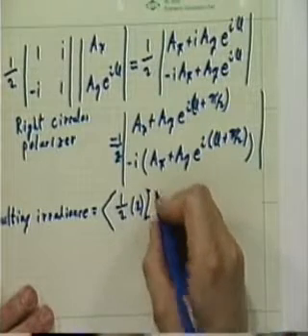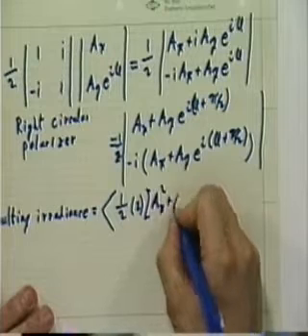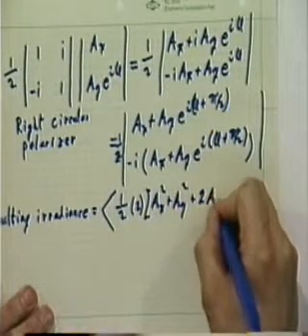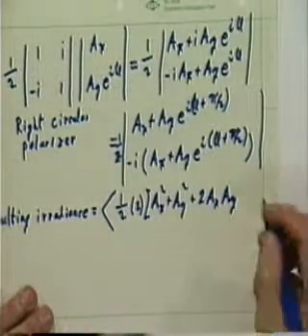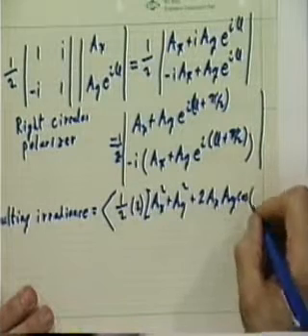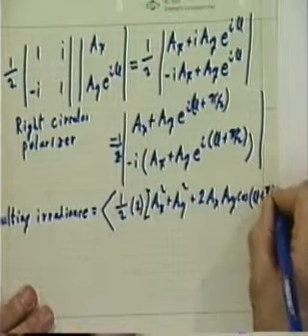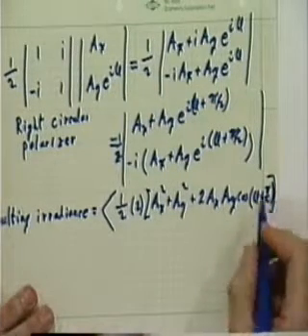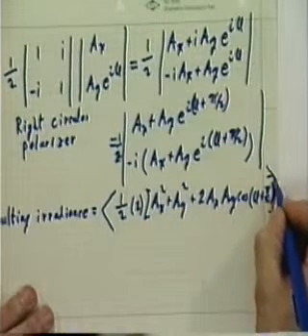And then we're going to get an a sub x squared plus an a sub y squared plus a 2 a sub x a sub y cosine of phi plus pi over 2. Running out of space here, so take a bracket for here and then the time average.